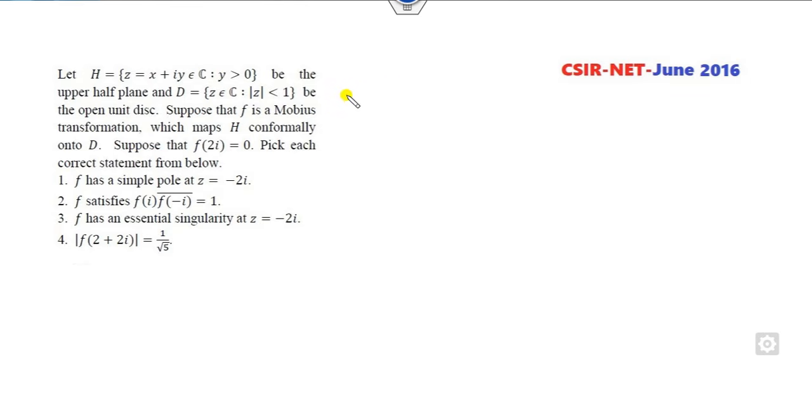Look at this another one. If H is the mapping, if I draw it graphically, y is positive. This is here. Okay, so I can draw here. H is my positive half. Fine. And D is the open unit disk.